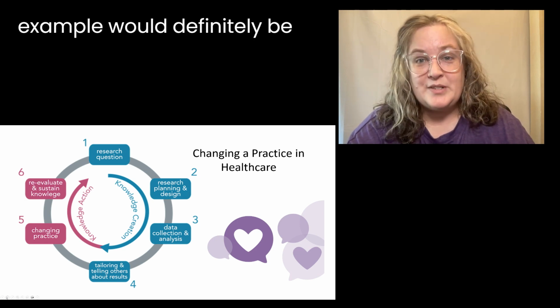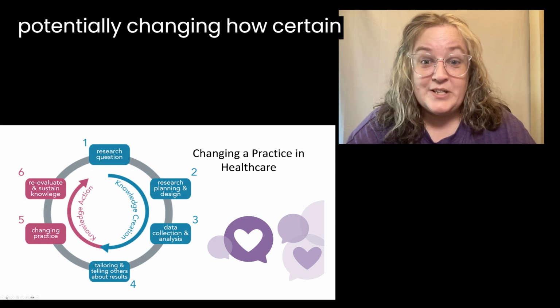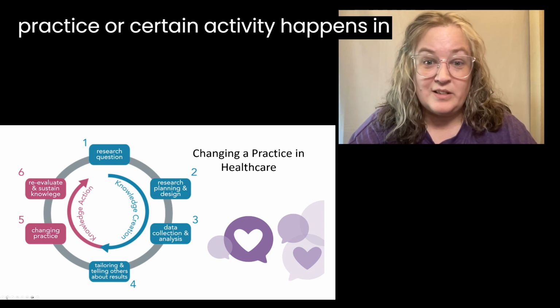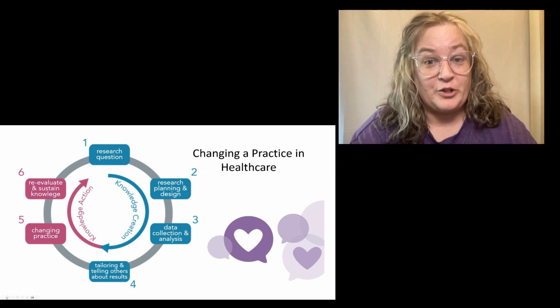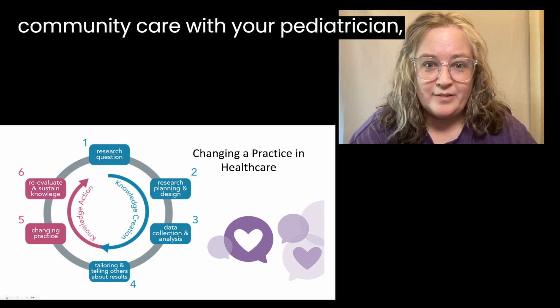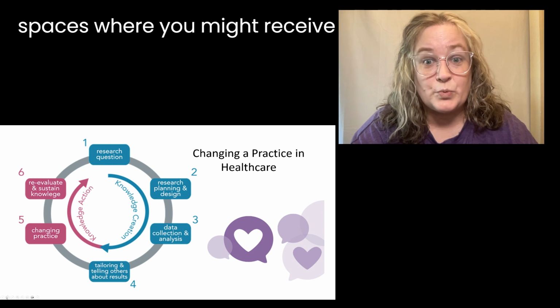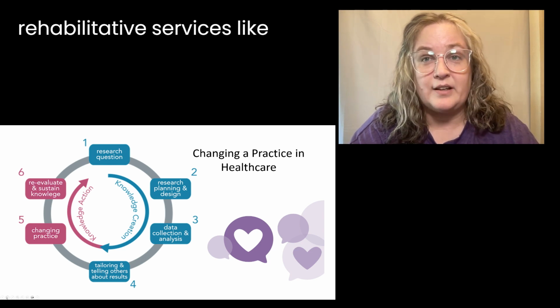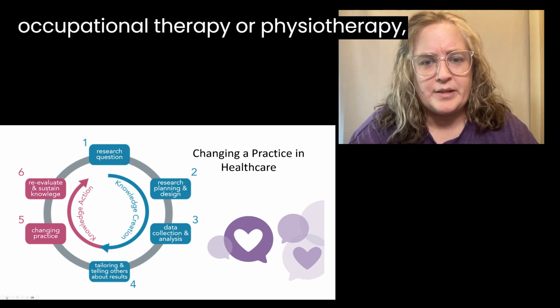One example would be changing how a certain practice or activity happens in the context of healthcare. That could be in hospitals, in community care with your pediatrician, or even in spaces where you might receive rehabilitative services like occupational therapy or physiotherapy.